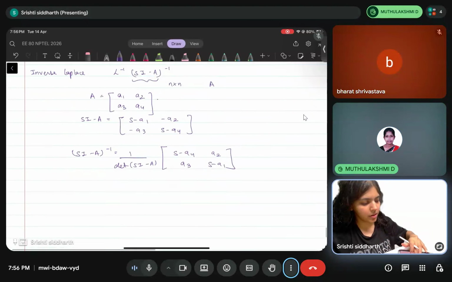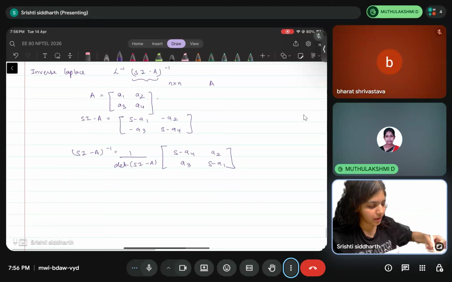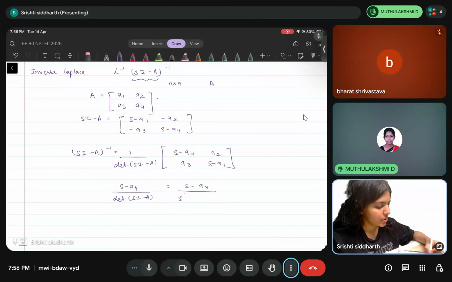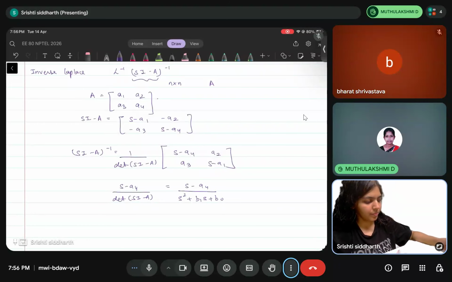For example, one of the entries is going to look like s minus a4 upon the determinant of sI minus A. It's a second order system, so the determinant is s squared plus b1 s plus b0.